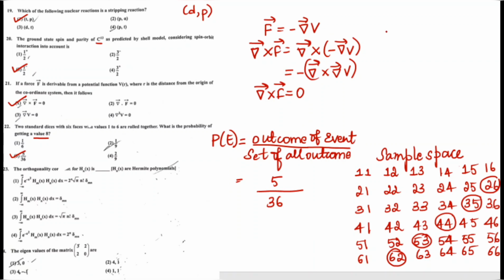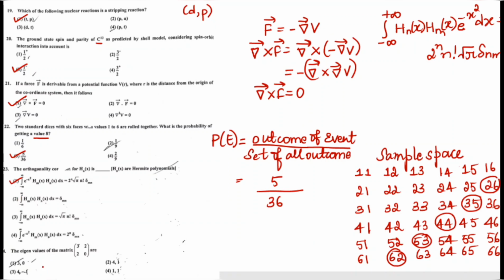For this, the answer is the integration from minus infinity to plus infinity of Hn of x, Hm of x, into e to the power of minus x square dx, which is equal to 2 to the power of n, n factorial, square root of pi, into delta nm. This is the correct answer. So from here I can clearly say option 1 is the right answer. Yes, let us move to the next question.